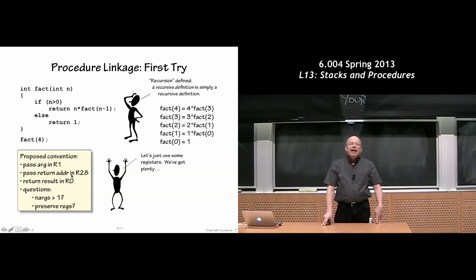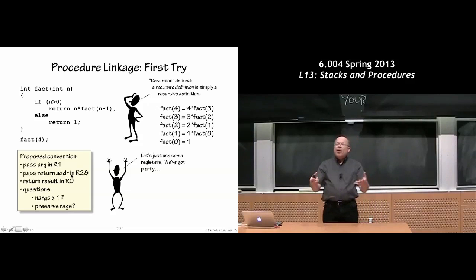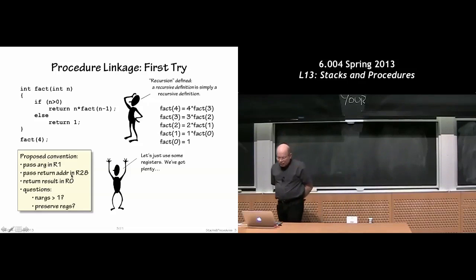The thing is that we need to have some convention, and not only do I need to know what argument you want me to compute factorial of, you need to give me some information about where to go back to when I'm done. So typically, at a minimum, you need to pass me a return address, a value I'll put into the program counter when I'm done, which is where execution will resume when the procedure exits.